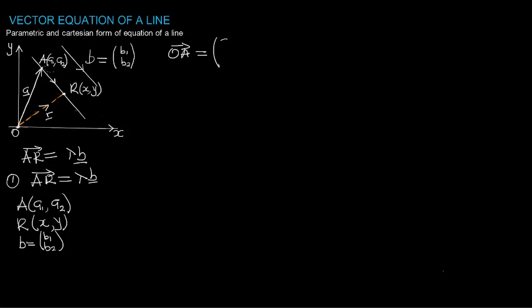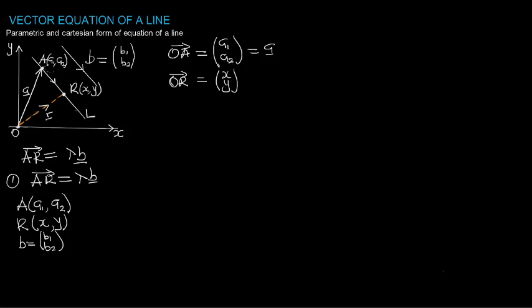I write it A1, A2, and I have denoted it by A. OR is the vector from O to R, and that is X, Y. This point R is any point on the line whose equation I want to find, and there is a known point A on the line, and an arbitrary point R on the line. I can denote the line whose equation I want to find as line L.